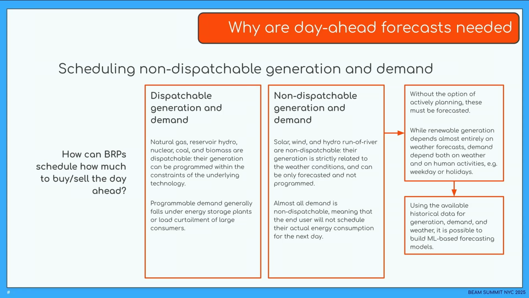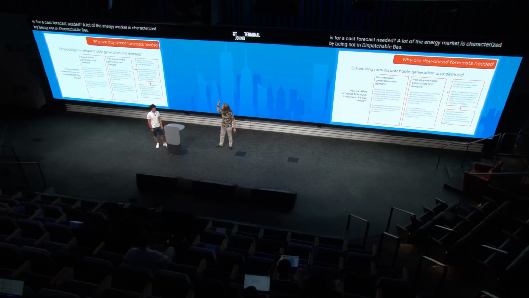A lot of the energy market is characterized by being non-dispatchable. Basically, solar, wind, and hydro run-of-river cannot be planned, but must be forecasted using mostly weather data. And almost all demand cannot be planned. The customers are not going to send us the plans for tomorrow.